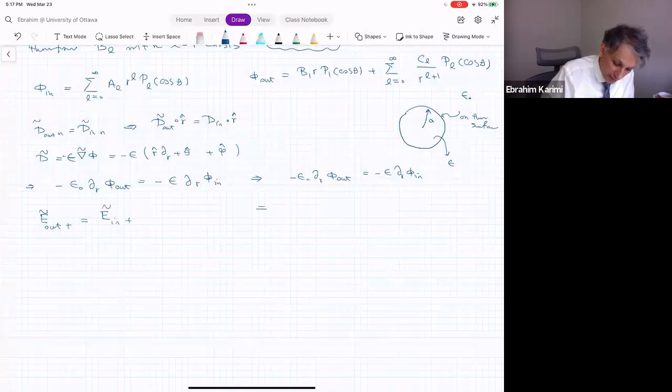That will give us, for example, the derivative with respect to theta or the derivative with respect to phi will be the proper tangent one. I will assume only the theta one. So that will be minus derivative with respect to theta of phi out is equal to minus derivative with respect to theta of phi in.